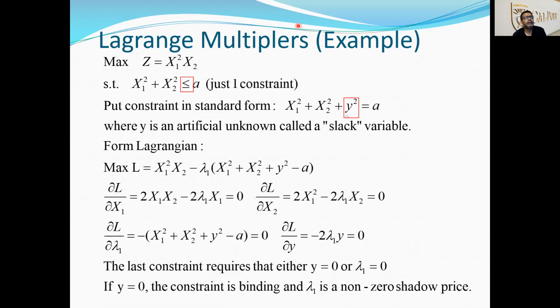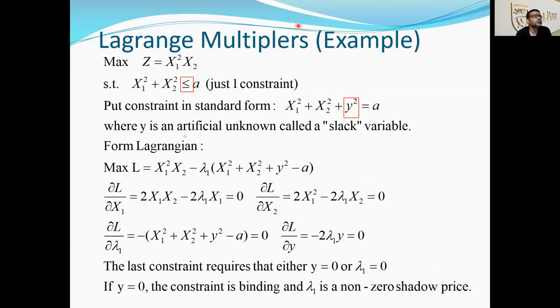And we use squared. Can you guess why we use squared in our slack variable? Why not just say x1 squared plus x2 squared plus y equal to a? If I want to convert this inequality into an equality, why am I adding a y squared rather than just y?